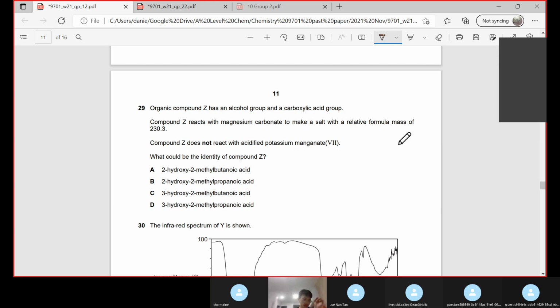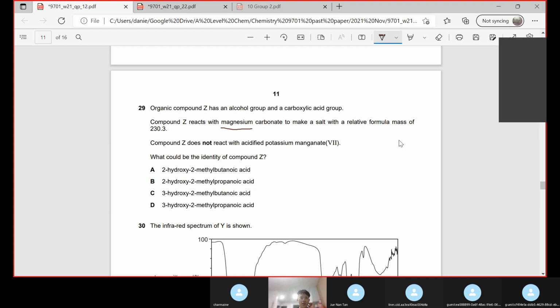First thing first, you need to ask yourself, it is magnesium carbonate. And what is the functional group that can react with the carbonate? Alcohol or carboxylic acid? Alcohol cannot react with the carbonate. So the reaction here is carboxylic acid reacting with the carbonate.